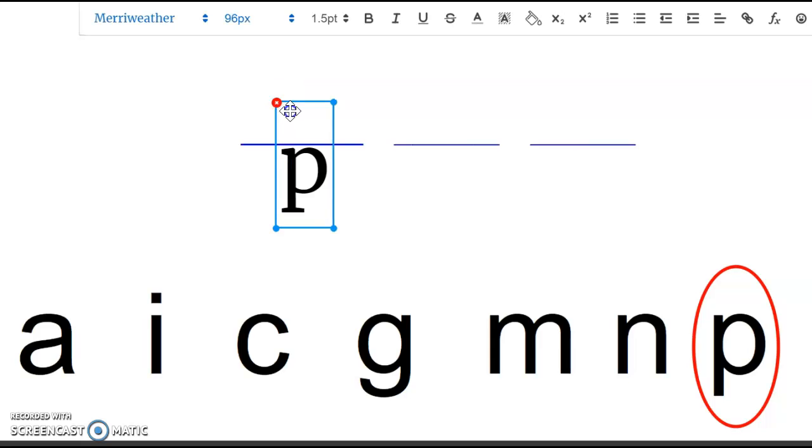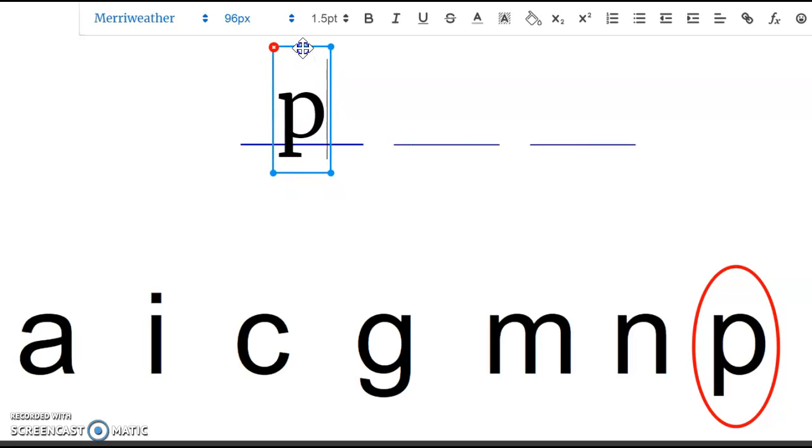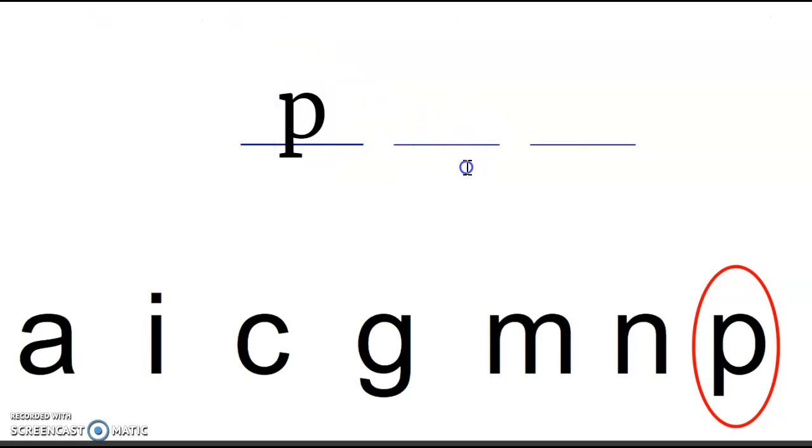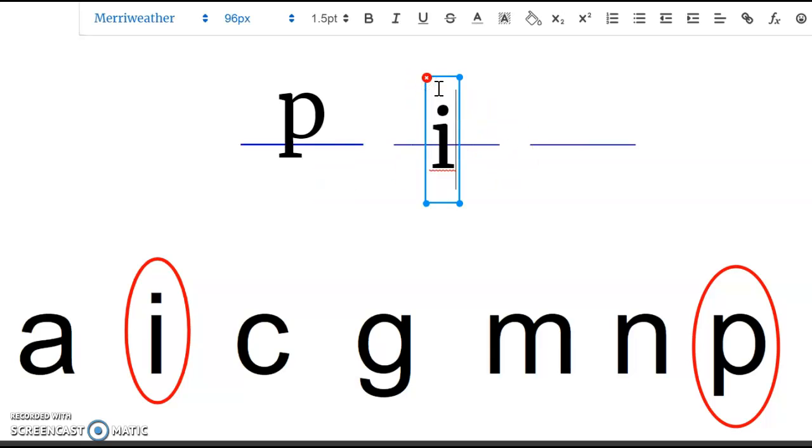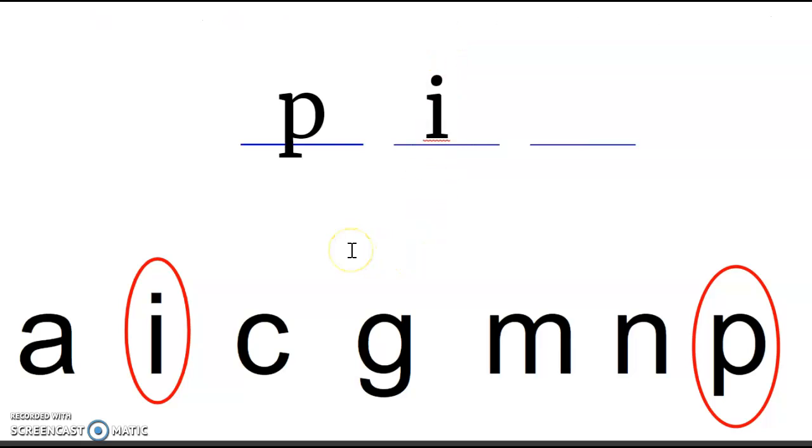Letter P is our first letter of our word. Our next letter makes the I sound. I. Which letter below makes the I sound? If you picked letter I, you are correct. Letter I is our second letter in our word.